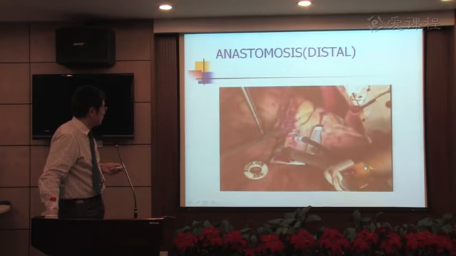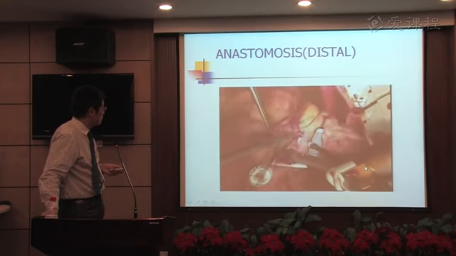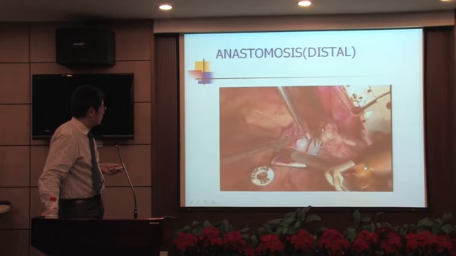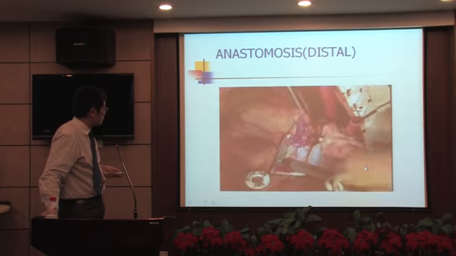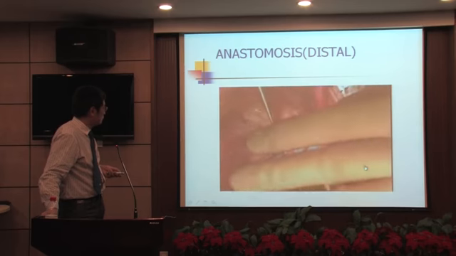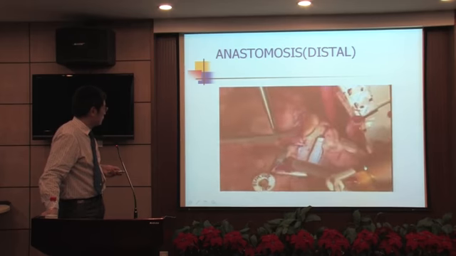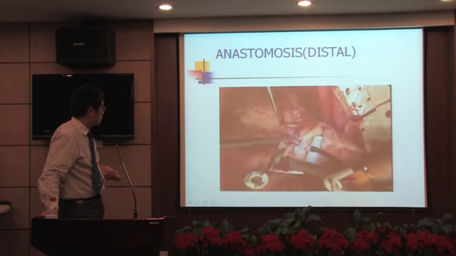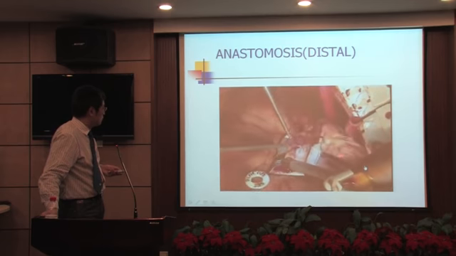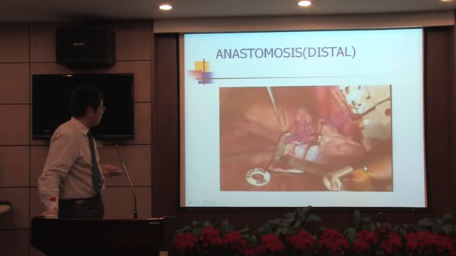The heart is beating. Big stitch like this. This is the IMA. And I will show you how the shunt works later. This is the blower to make the field clean.